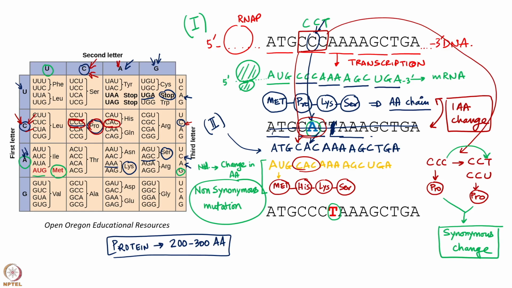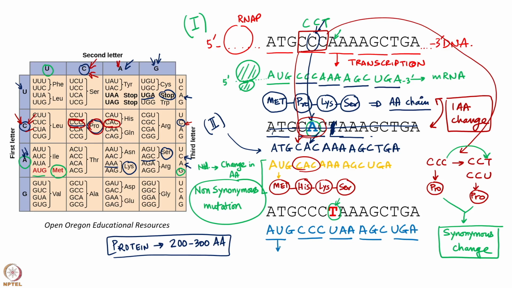In the last example, the mutation that we have is that this A has changed to a T. Let us quickly work through this example and see what this does to the amino acid sequence. As before, after transcription, the mRNA sequence is going to look like this. We will look at them in triplets.